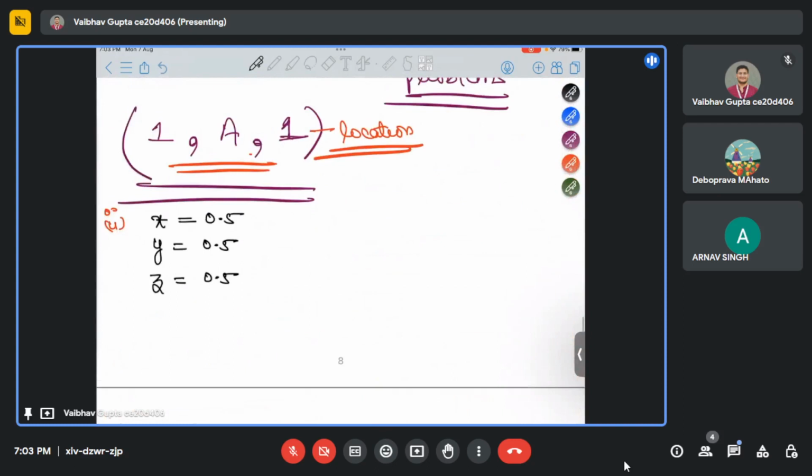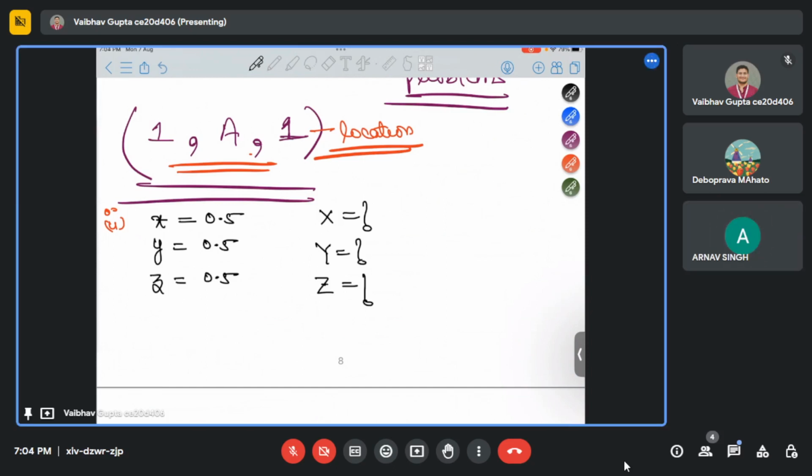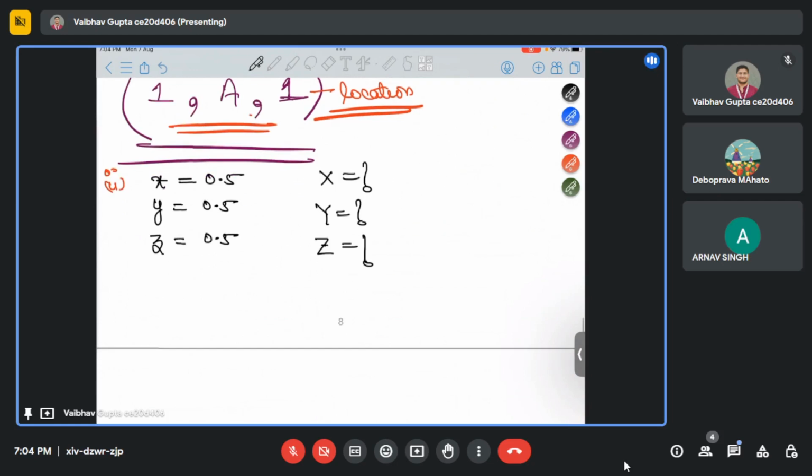And he said you have to find out what is capital X, what is capital Y, and what is capital Z. This is what he is asking: determine the location of a particle in the reference configuration, given that the current location of the particle is 0.5, 0.5, 0.5. So small x, small y, small z is given. He's saying find me capital X, capital Y, capital Z.